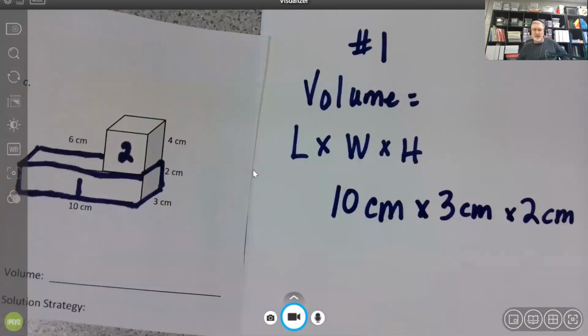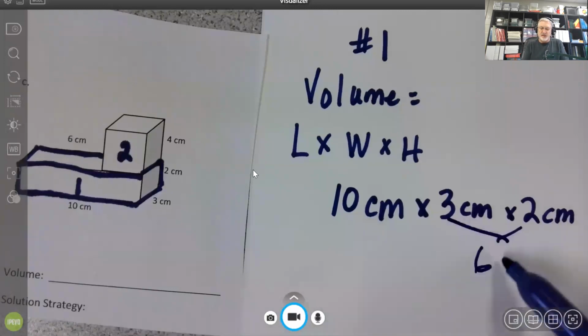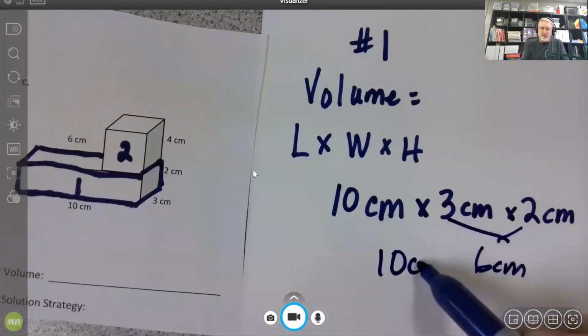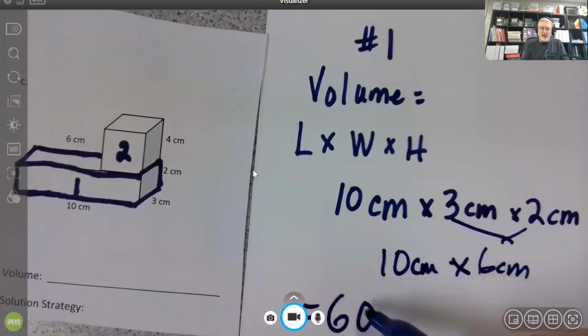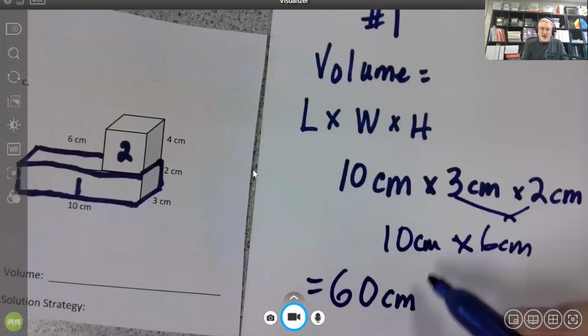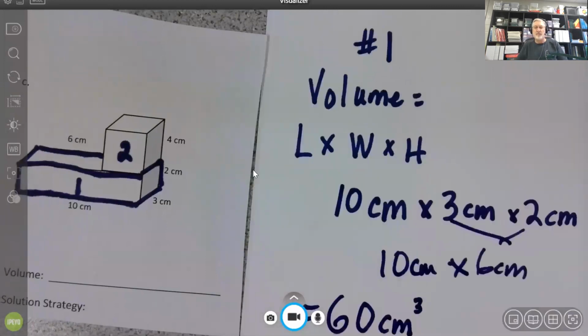It doesn't matter what order I put the factors, as long as I multiply them, I am still going to get the same answer. So I'm going to take my 3 and my 2, and that's going to be 6. And I'm going to multiply it by my 10. So this one is 60 centimeters cubed. And that's number 1.